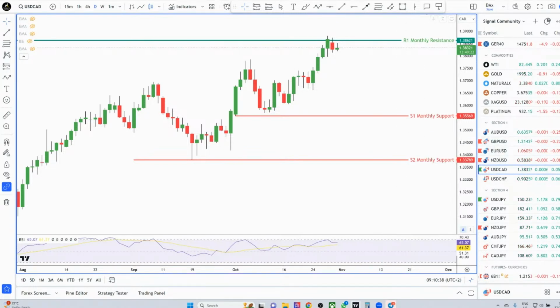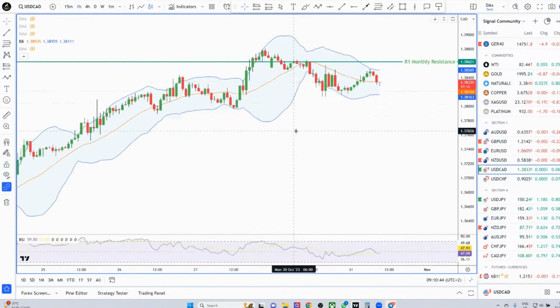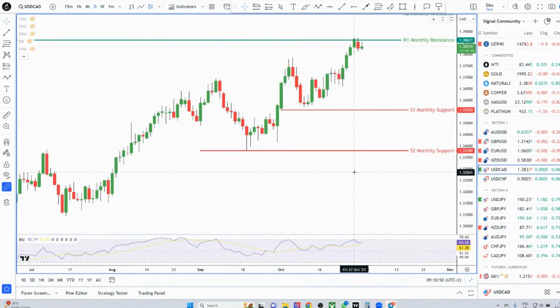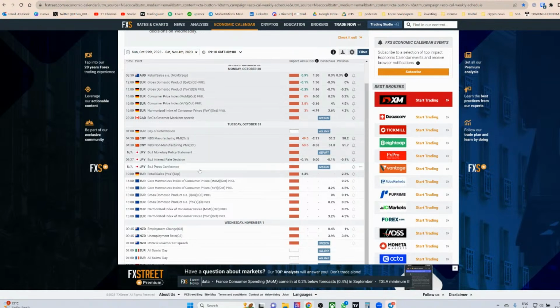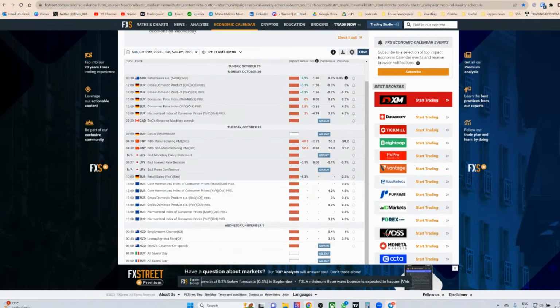So for USD Canadian dollar, we expect today at least some weakness in anticipation of tomorrow's news events. Tomorrow, it's the Fed, on Wednesday, the interest rates decision by the Fed.